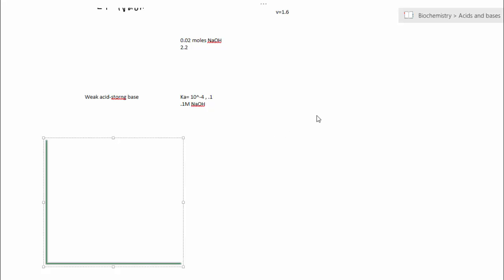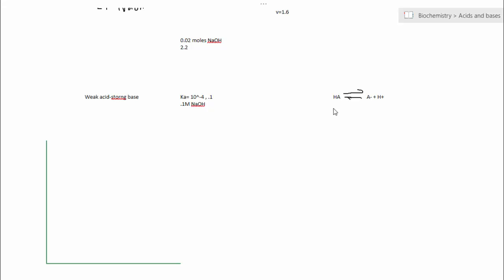So to solve it, let us draw our ICE table. First, the reaction would be the weak acid, which is HA, and it becomes, in water, A minus and H plus. And then draw the arrows like this.